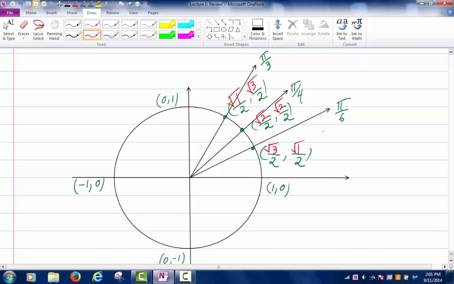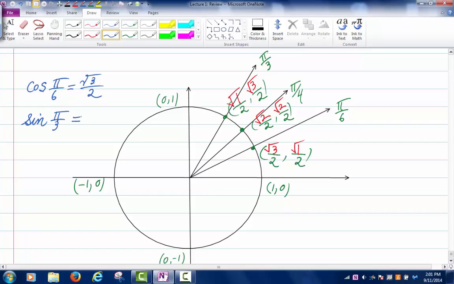So then I can read off what's the cosine of 30 degrees. So what is cosine of pi over 6? Well, that's just the first coordinate, right? The first coordinate. What is that? Root 3 over 2. What is sine of pi over 3?